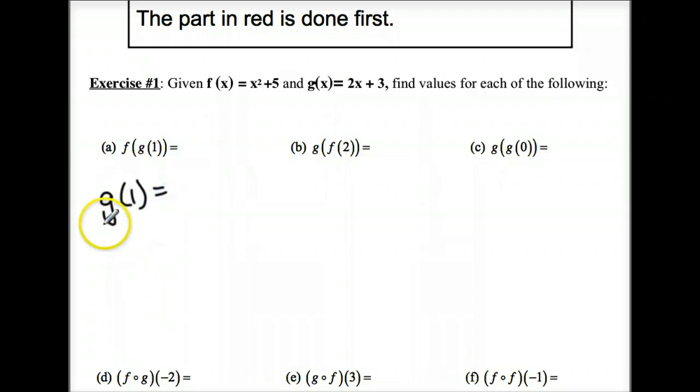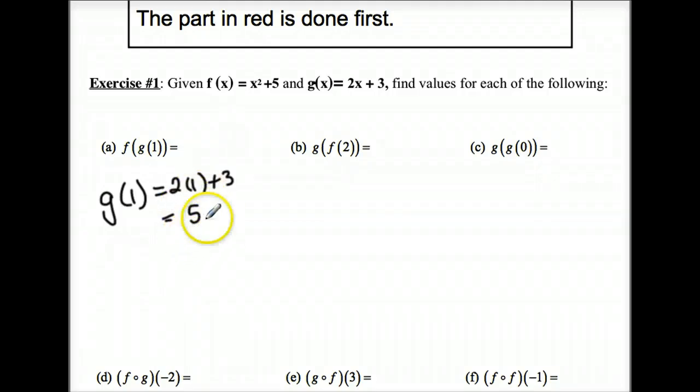The letter tells me which function. I'm using my g function. So my g function is 2x plus 3, but now I'm trying to evaluate this for 1. So wherever I see x, I'm going to replace it with 1. This becomes 2 times (1) plus 3, and this is 5.